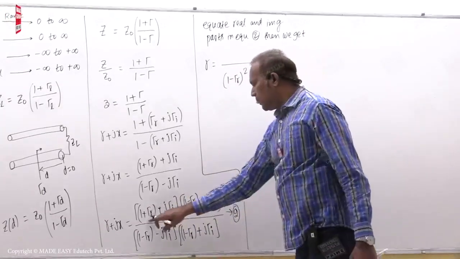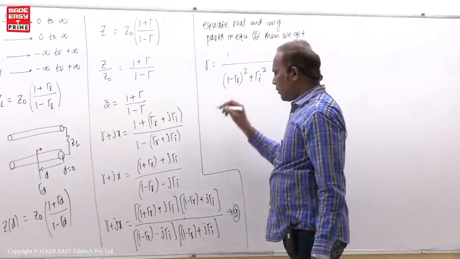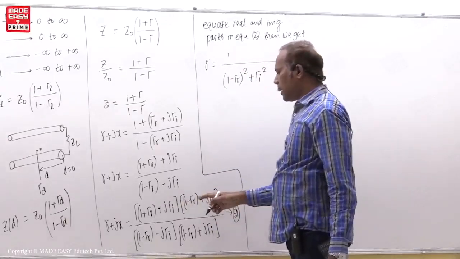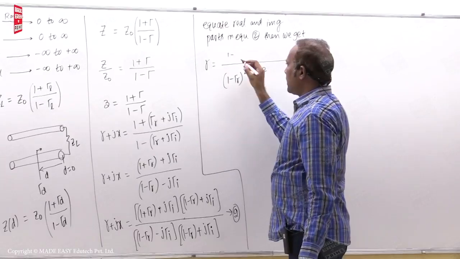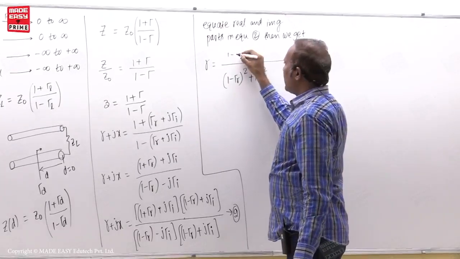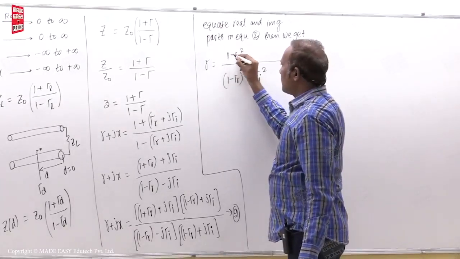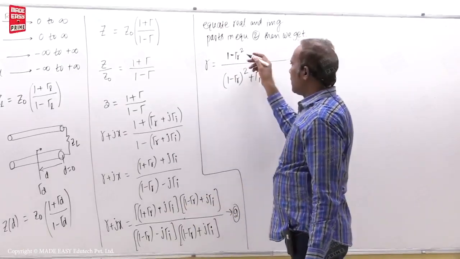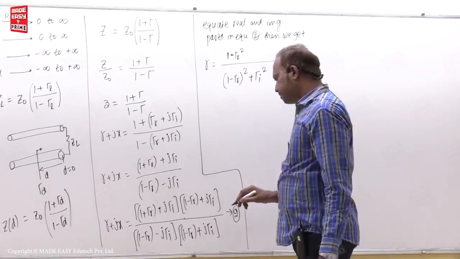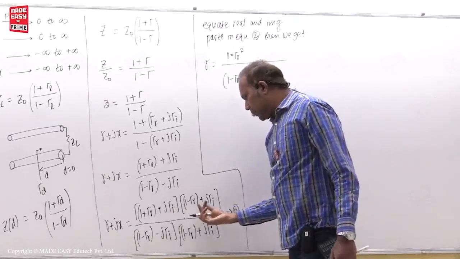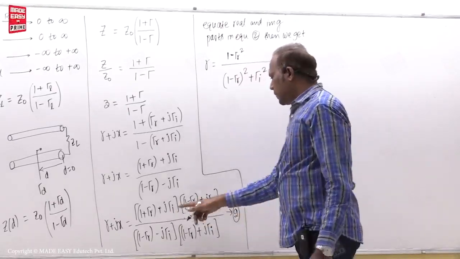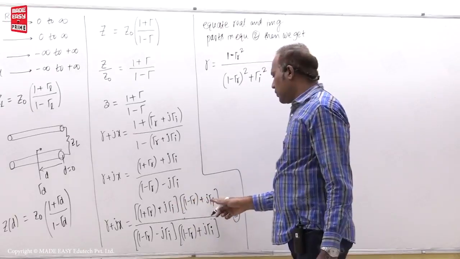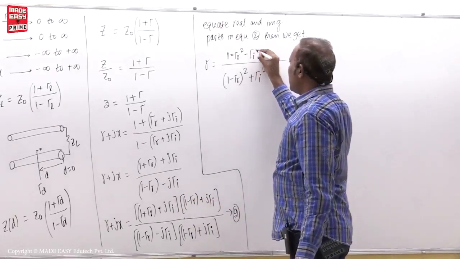Real into real is (1 plus gamma r) into (1 minus gamma r), which is 1 square minus gamma r square. Next, imaginary into imaginary is j into j, square minus 1, so minus gamma I square you get.